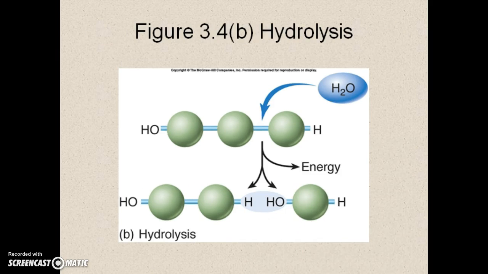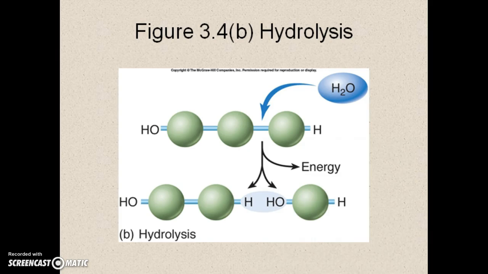The opposite is when molecules need to be broken down. And this happens, for example, when we digest the food that we eat. So we digest pieces of carbohydrates, and those carbohydrates get broken down into their monomers, or those puzzle pieces. And how that happens is water actually comes in to this polymer and breaks apart this covalent bond right here, and water inserts itself between these 2 monomers.